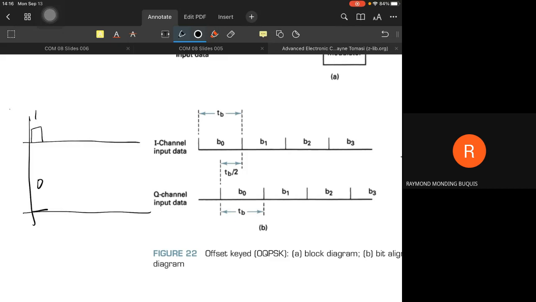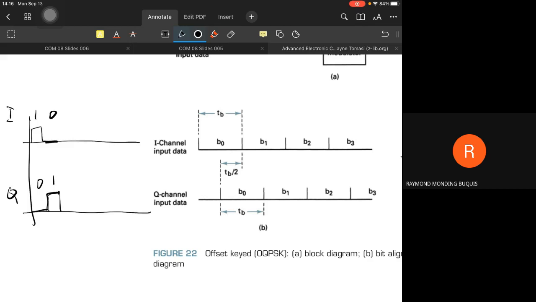Muna I, muna Q. 1, 0 to 0, 1. So, maning I sa first, maning Q sa first, then 0, 1. No? Yan na. So, ang change is mag-cross ni siya sa 0, no?